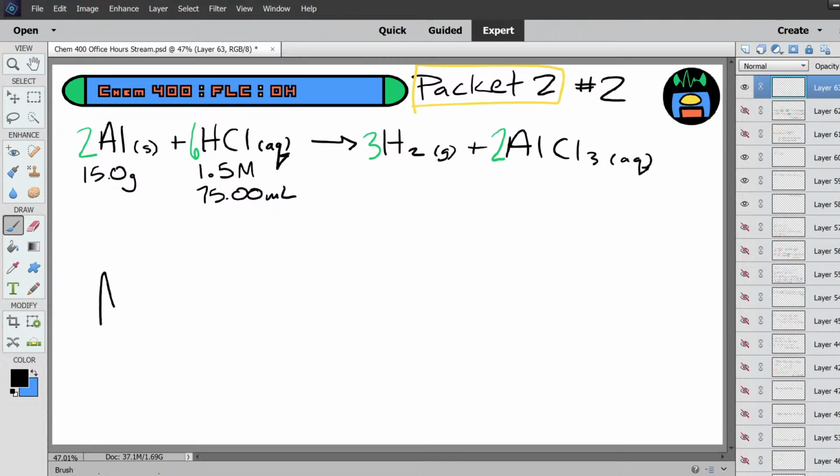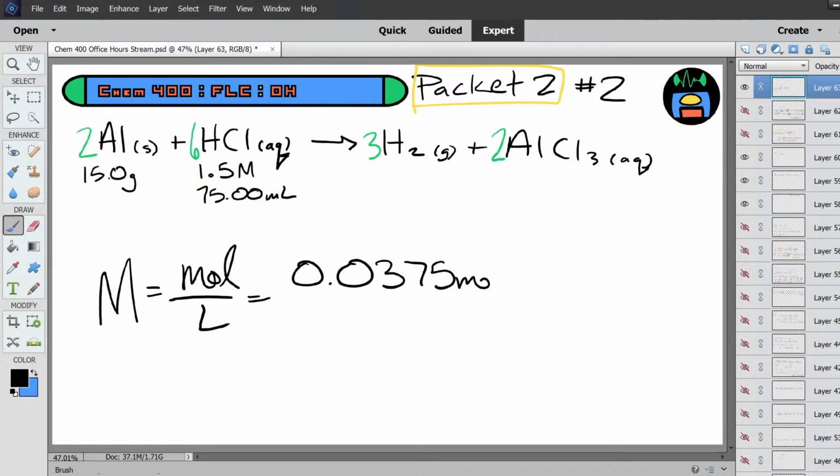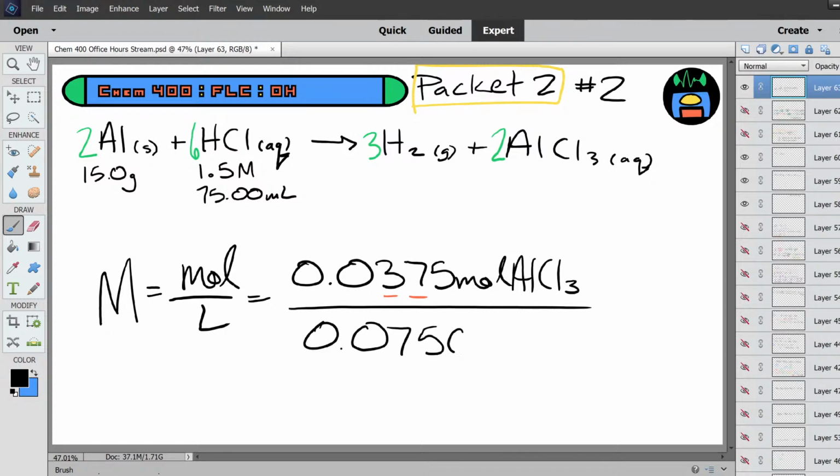All right, now, again, molarity is equal to moles of solute over liters of solution. We just determined that we produce 0.0375 moles of aluminum chloride in this reaction, only 2 sig figs in our numerator. And our volume, as we discussed before, is 75 milliliters, but we have to enter that value in liters to calculate molarity.